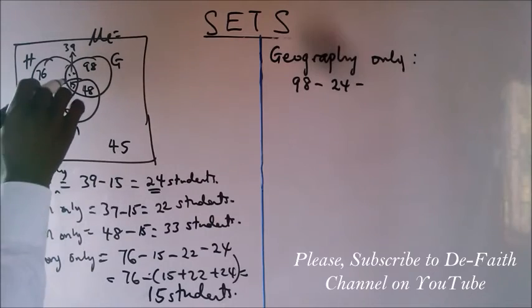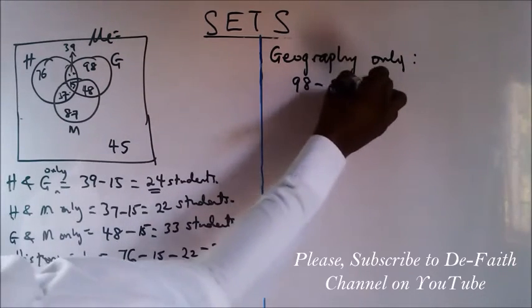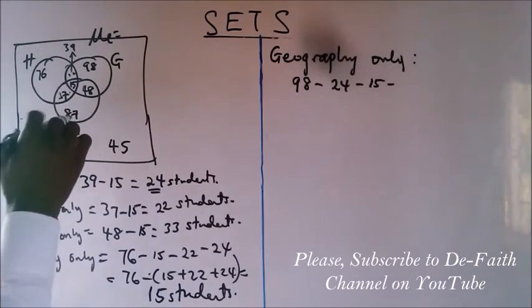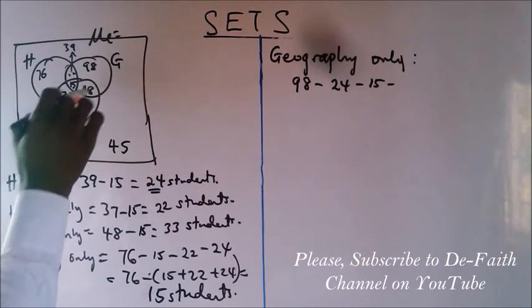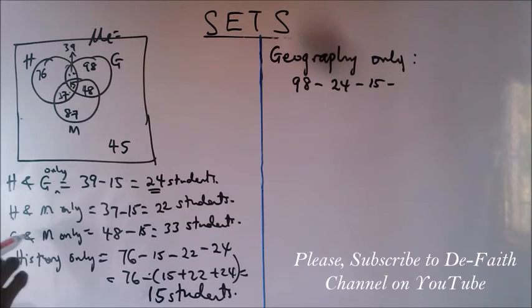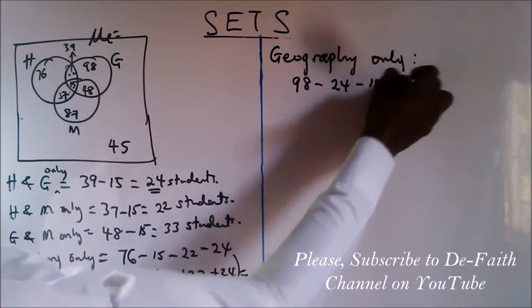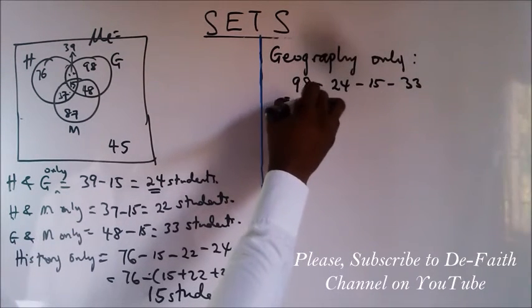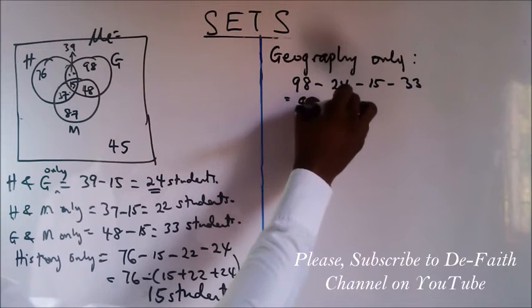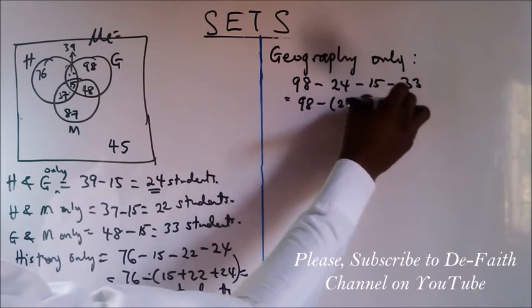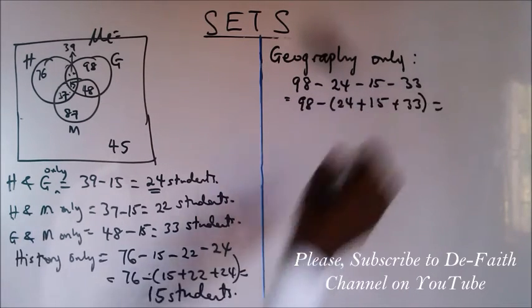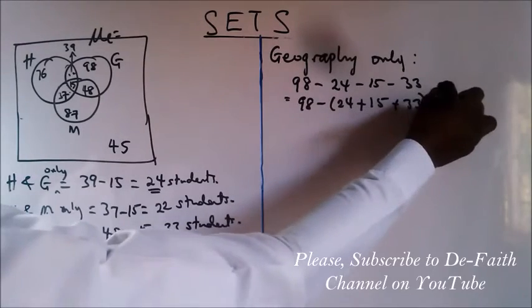Then minus those that love the 3 subjects, which is 15. Minus those that love geography and mathematics only, that is 33. Minus 33. And so this means 98 minus 24 plus 15 plus 33. That leaves us with 26 students.